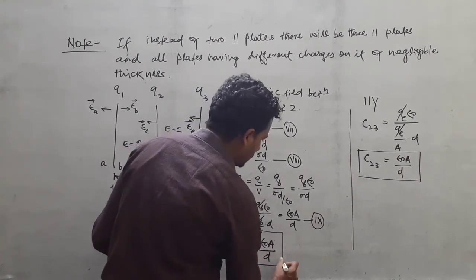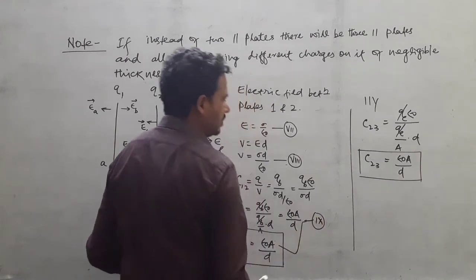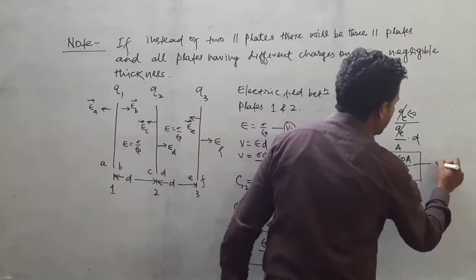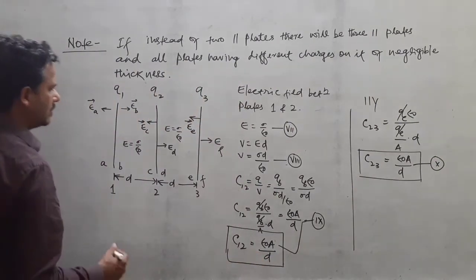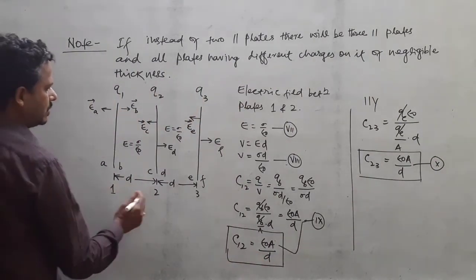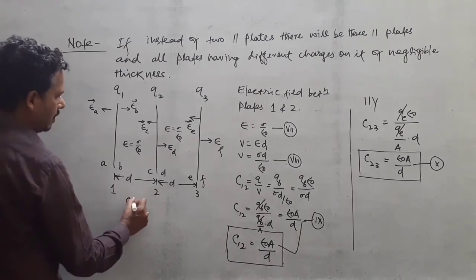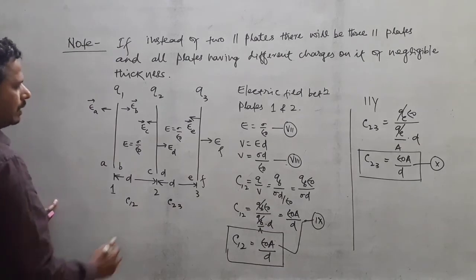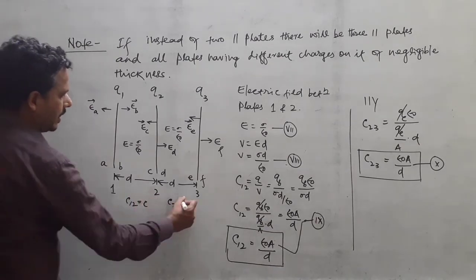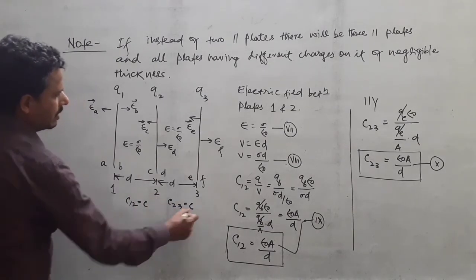This one is your equation 9, and this one is your equation 10. So the capacitance between plates 1 and 2, C12, and this one, C23, are both equal, that is C and C, and this is the result.